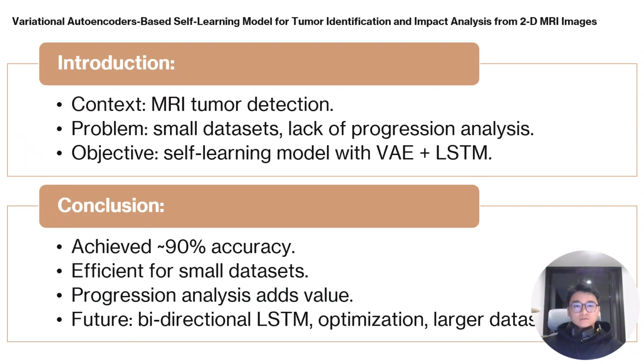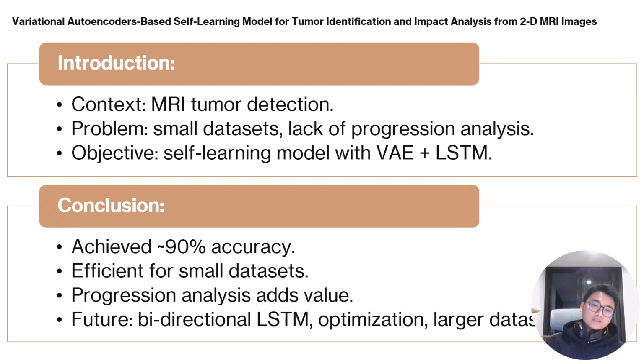With the paper, the introduction clearly had the context of the current work on tumor detection using MRI, and then clearly stated the problem with small datasets and progression analysis, and also showed the objective of building a self-learning model with integration of a variational autoencoder and long short-term memory.